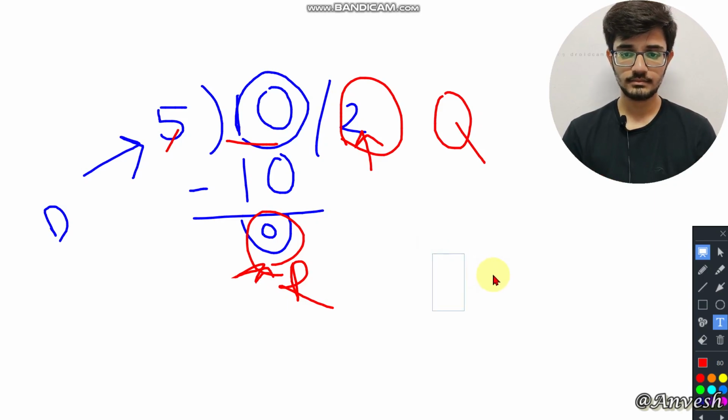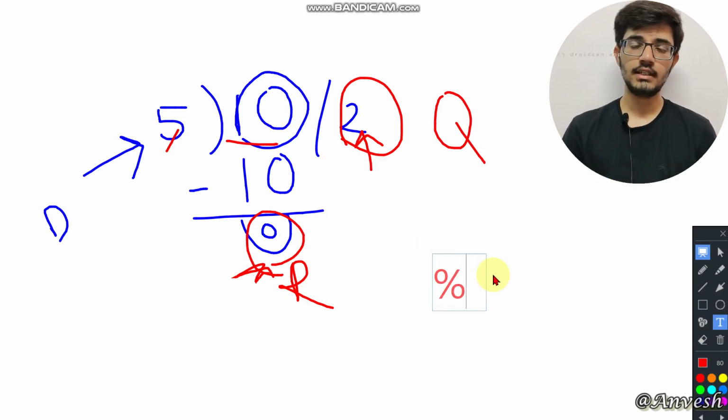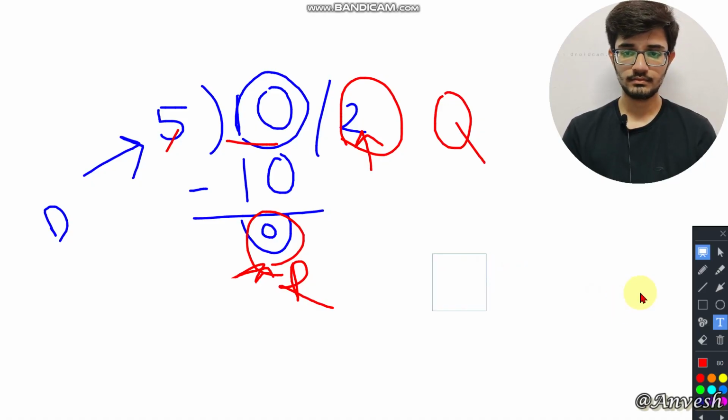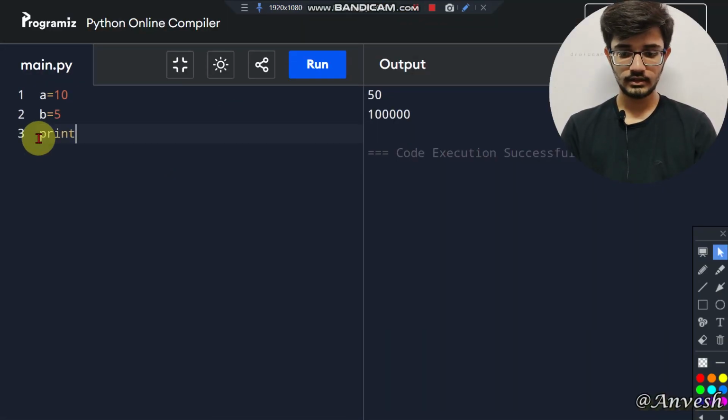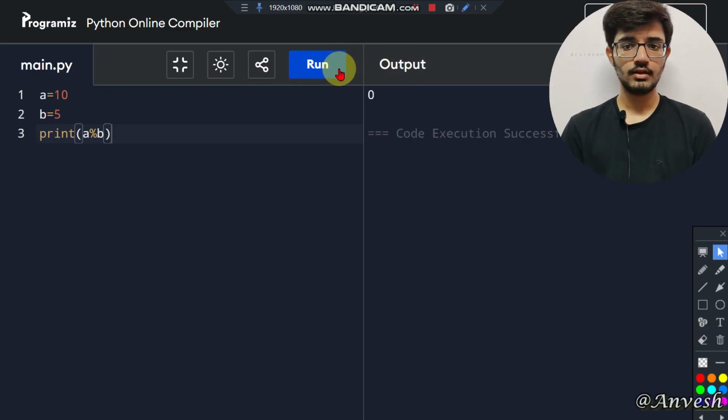By using the modulus operator, what actually happens is we get the remainder when the division is performed. So print a modulus operator b. We get the remainder as 0. Why? Because when 10 is divided by 5, we get the remainder as 0.